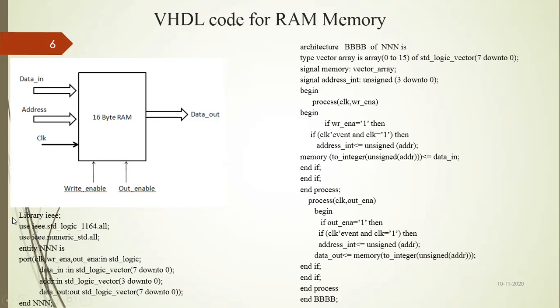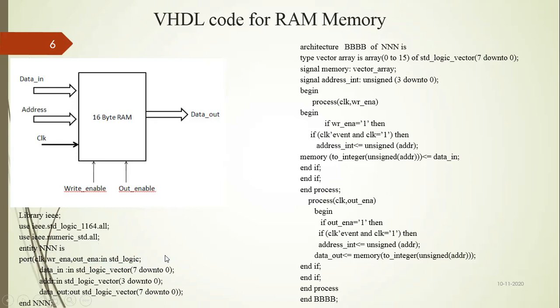The first line: library IEEE; use IEEE.std_logic_1164.all. You mention the package name here. Another package: use IEEE.numeric_std.all. Entity name of entity is port: clock, write enable, out enable, colon in std_logic, 1-bit input.